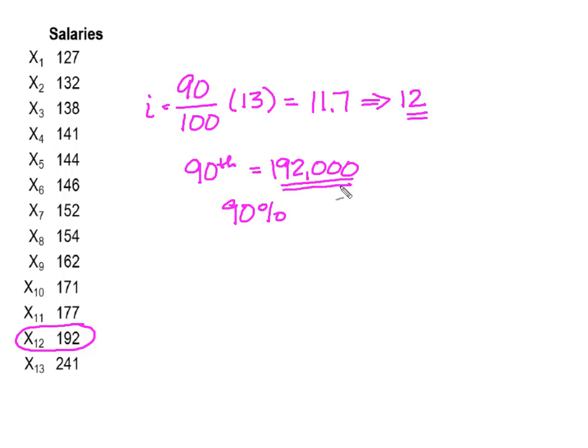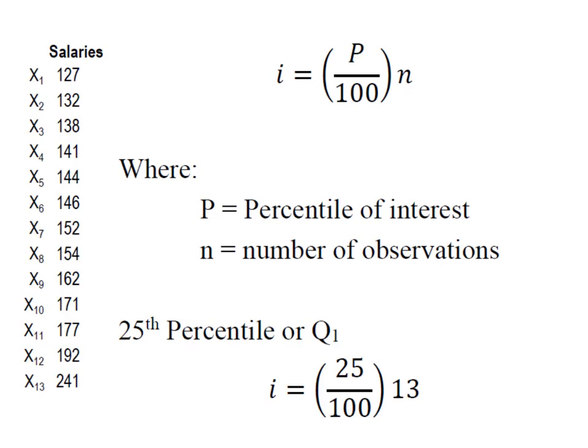Let's look at another. So now let's look for the 25th percentile. Remember, the 25th percentile is the same thing as Q1. Right? There are 4 quarters in a dollar. So 1 quarter is equal to 25 percentiles.